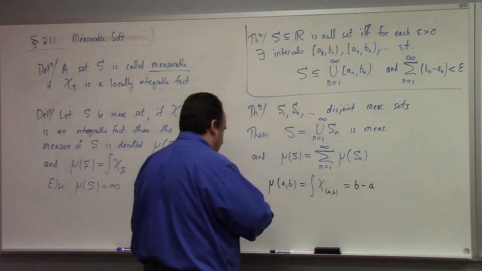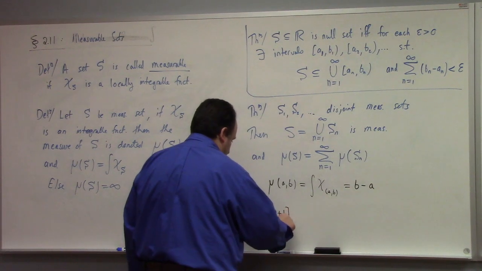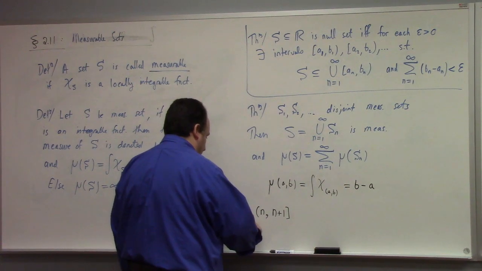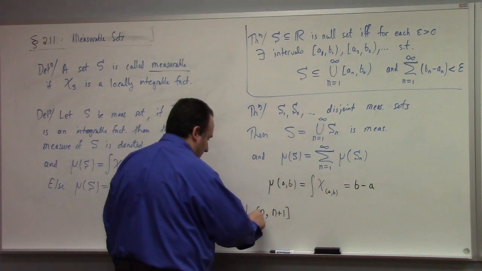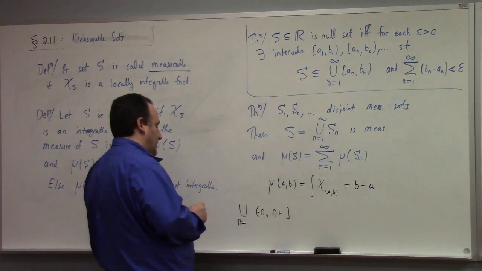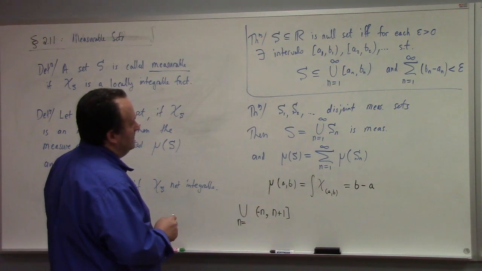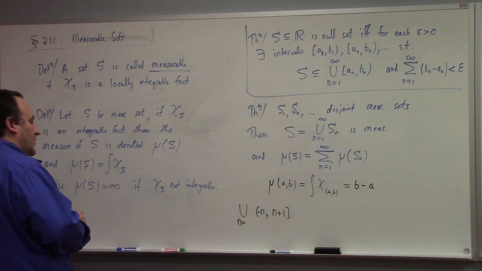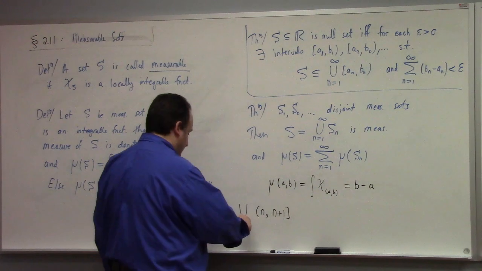For example, disjoint measurable sets. Of course, you could take the union of the intervals n to n plus 1, n equals 1 to infinity.